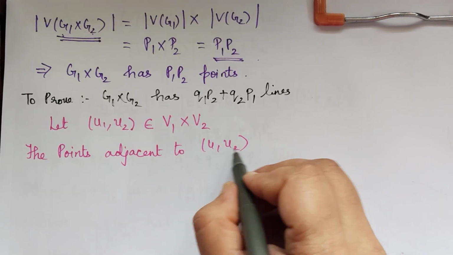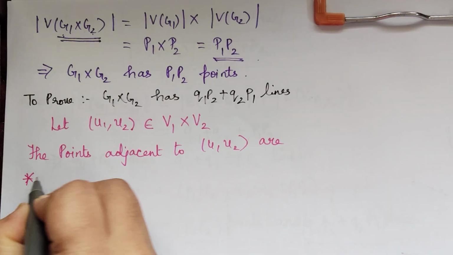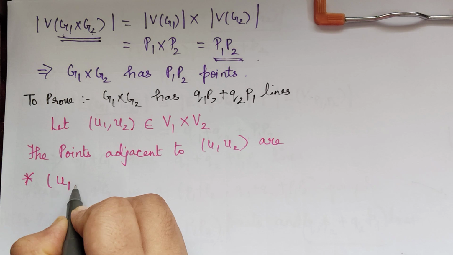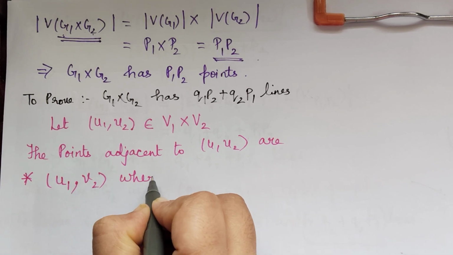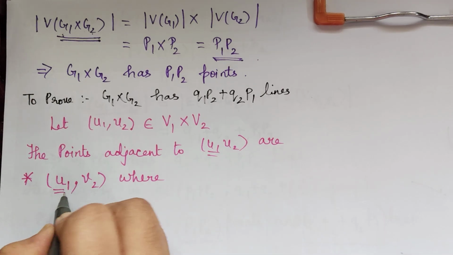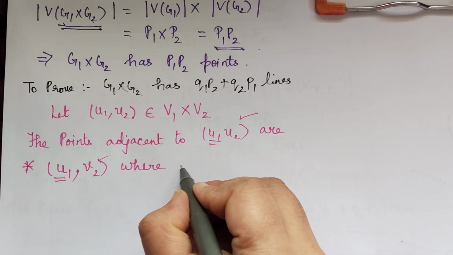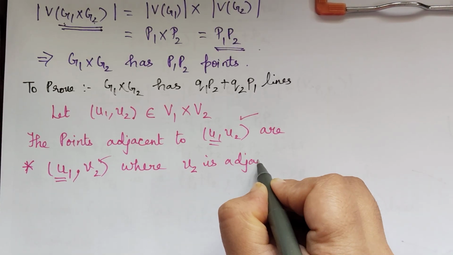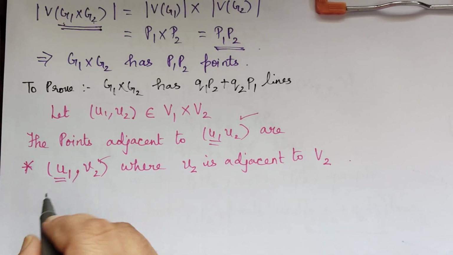First, if one of the points is equal, it can be adjacent to u1 comma v2, where these 2 points are equal. Then what is the next condition? u2 should be adjacent to v2, so where u2 is adjacent to v2. So this is one.